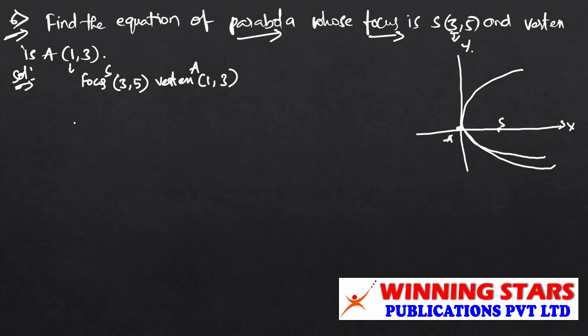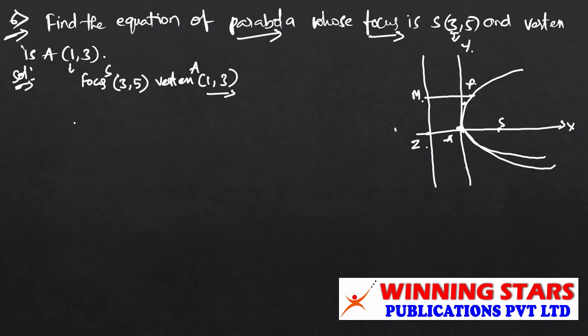Now here I will take the directrix. A is there as the vertex, and S is also there, and I will take this as Z. Here on the parabola I will take some point P, and M is on the directrix.